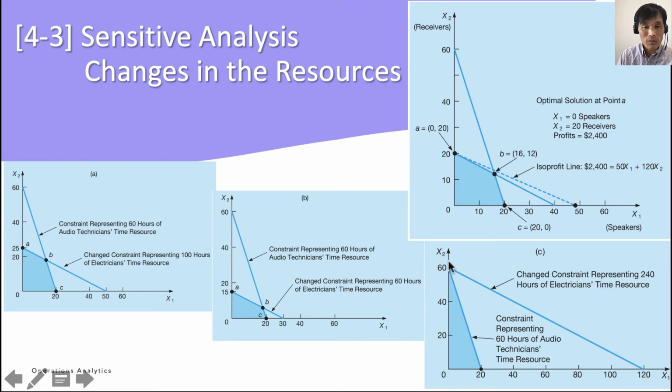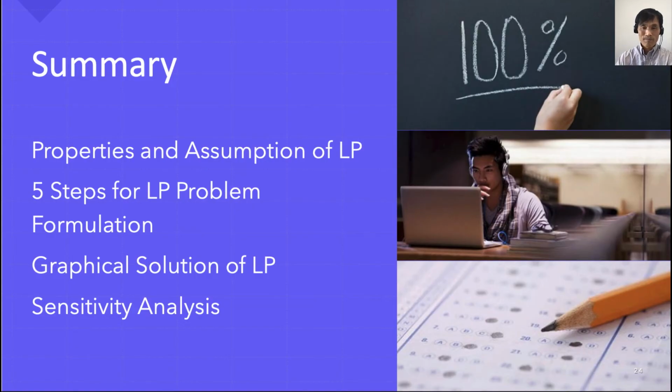It's limited up to 60 because it's constrained by the second constraint, the technician's hours constraint. You cannot just increase electrician's hours only. You have to increase both electrician's hours and technician's hours to change your optimal setting. So there's a limit for your increase. You cannot just increase electrician's hours unlimitedly.